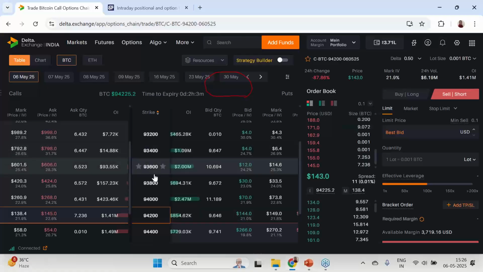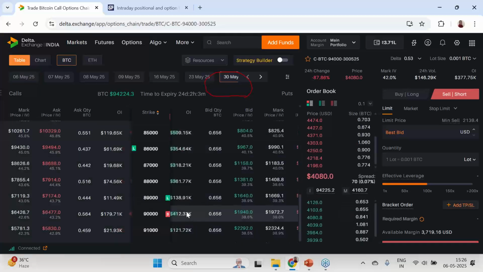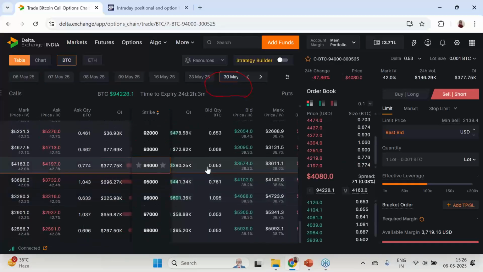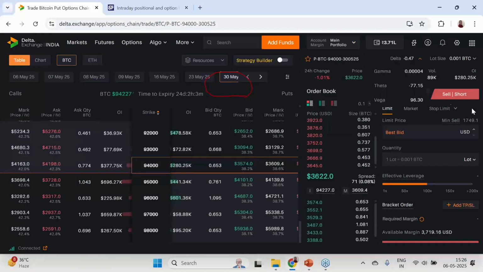For example, if I am going for any strike of 30th May Bitcoin, something like the 94,000 put option, and if I click here, it shows the theta. It is telling that it has a theta of 77.